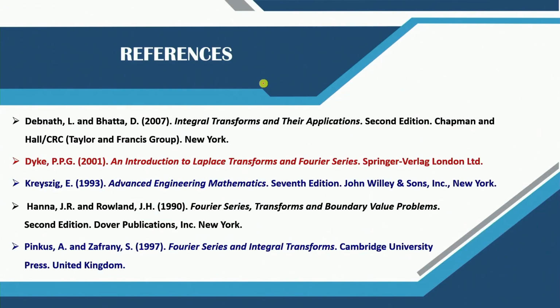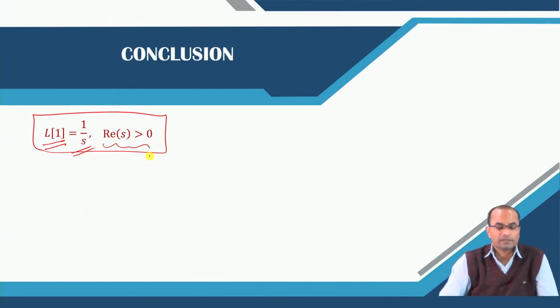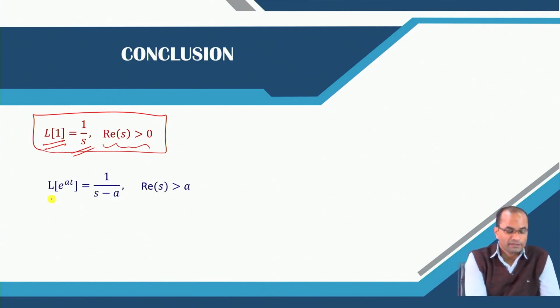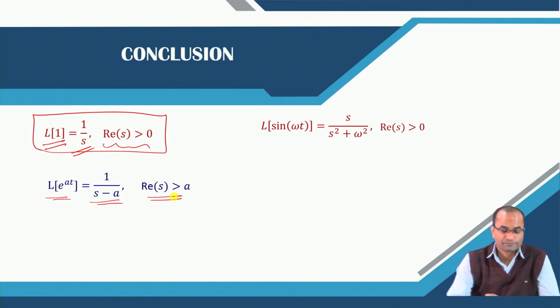These are the references we have used for preparing this lecture, and just to conclude, the most important elementary functions we have covered in today's lecture are these. The function 1, whose Laplace transform is 1 over s, for real s greater than 0. e power a t, we have 1 over s minus a, and the restriction on s was real s must be greater than a.